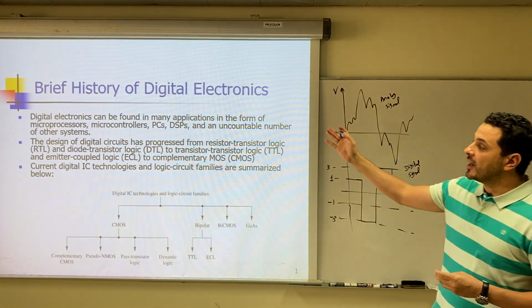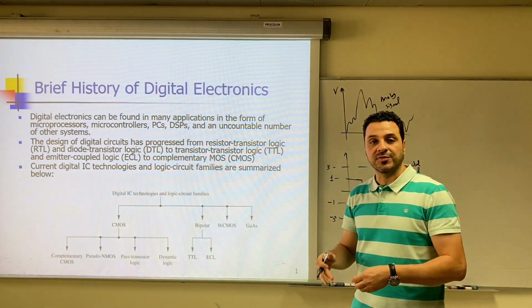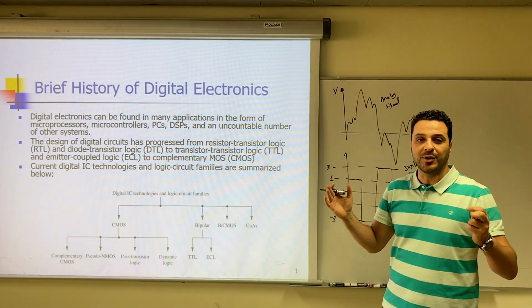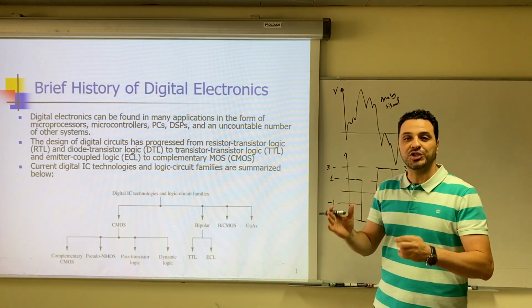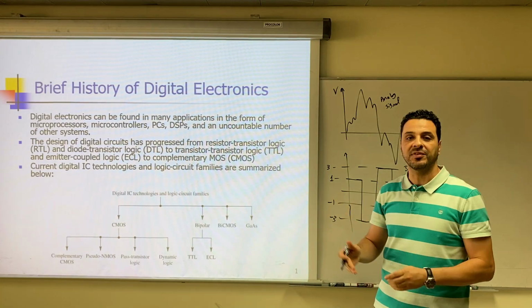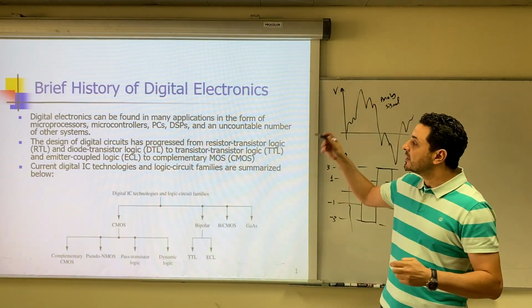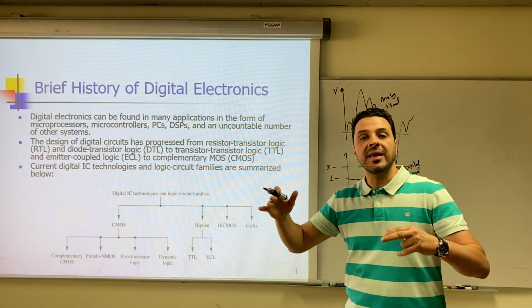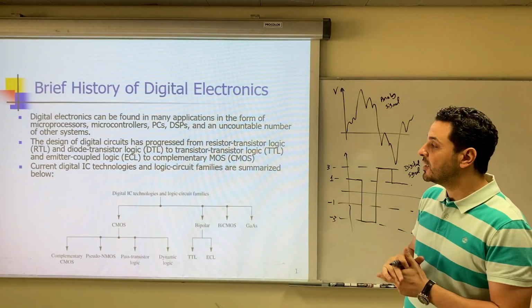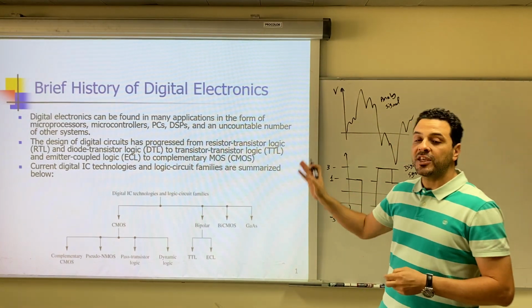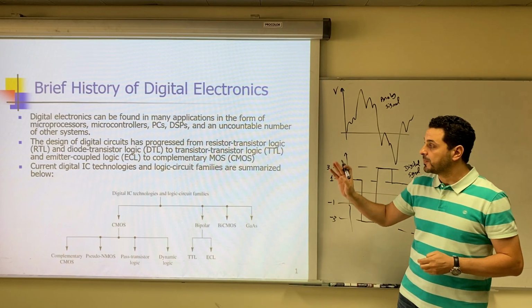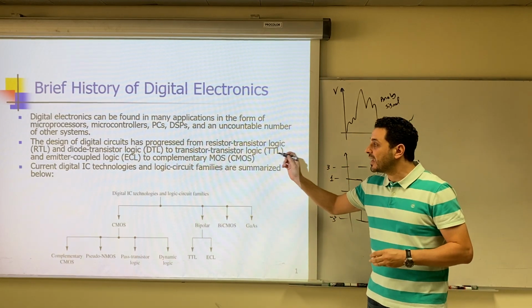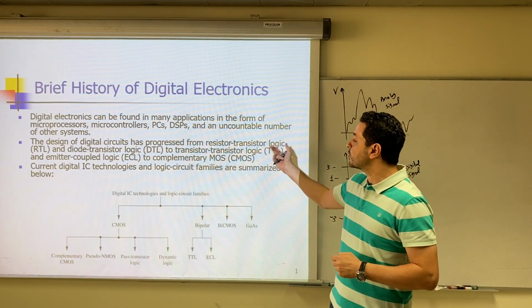Of course, digital electronics can be found in many devices. For example, now everything in our life is based on digital electronics. Your digital receiver, your computer, your TV, many things are based on digital electronics. The design of digital circuits has progressed. In the beginning, it was based on something called resistor-transistor logic.